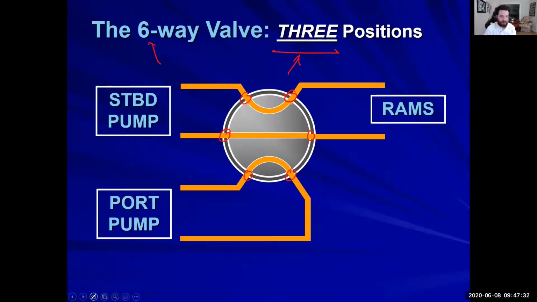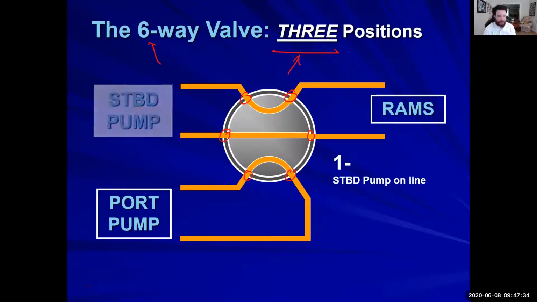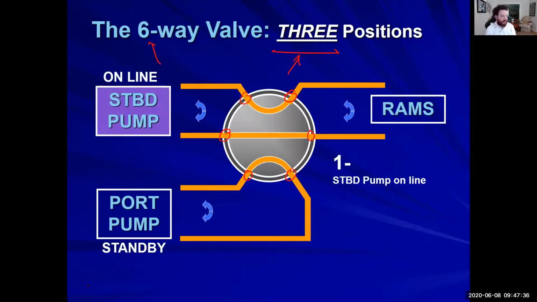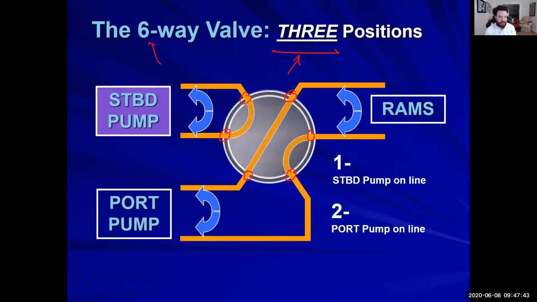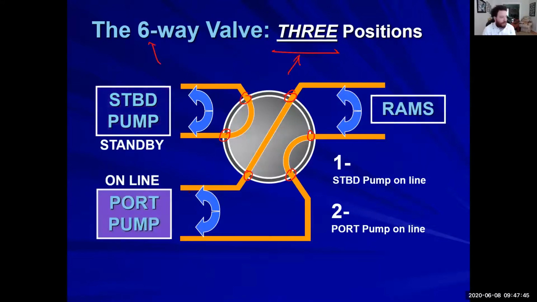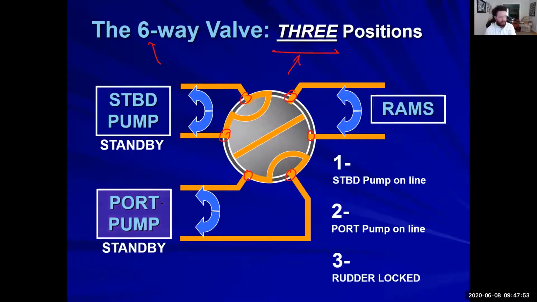All right. So position 1 is starboard pump is online, port pump is on standby. Position 2 is port pump is online, starboard pump is on standby. The third position is a rudder locked position.